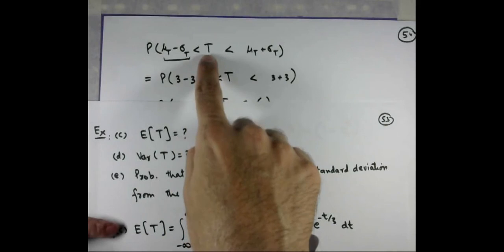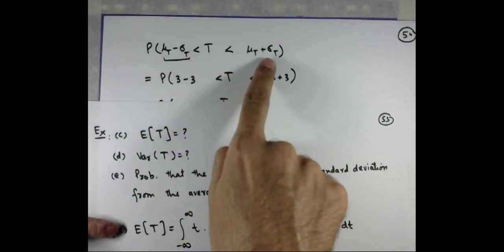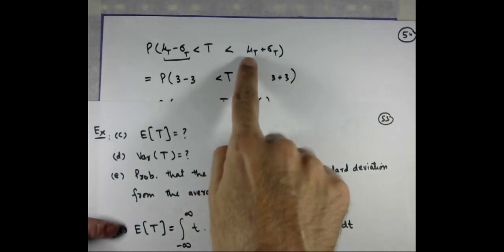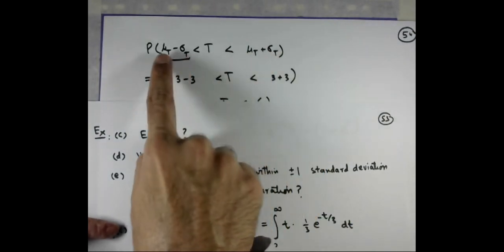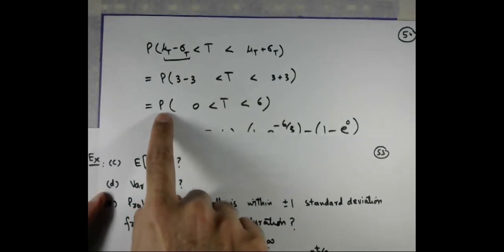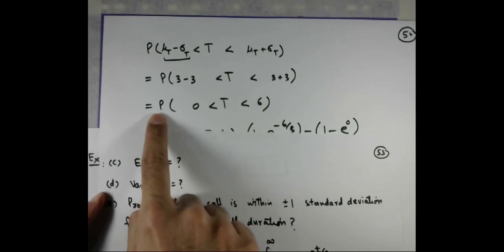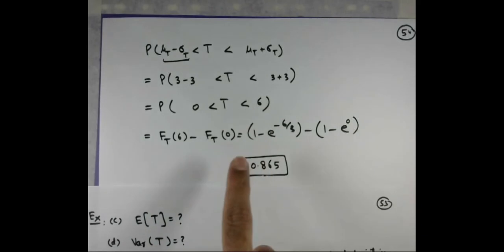The probability that the call time is within plus minus 1 standard deviation from the mean value means mean value plus 1 standard deviation and mean value minus 1 standard deviation, which leads us to this interval. We need to find the probability that the call lasts between 0 and 6 minutes.